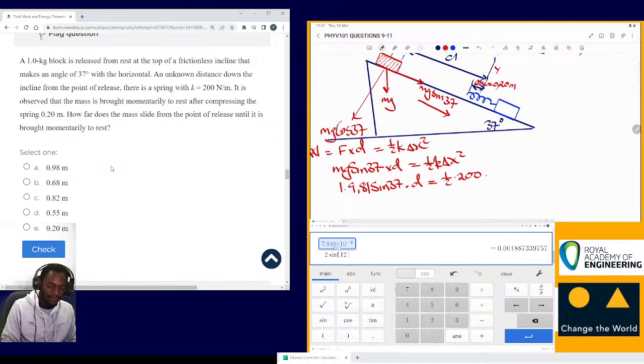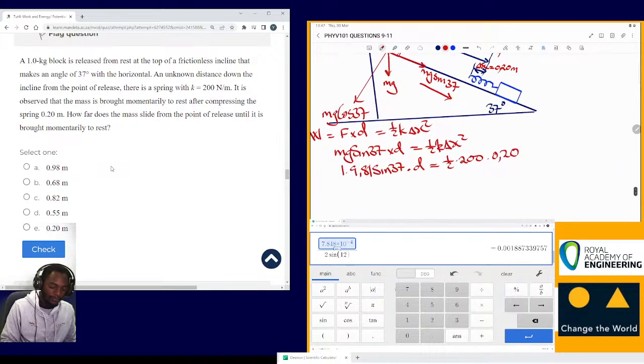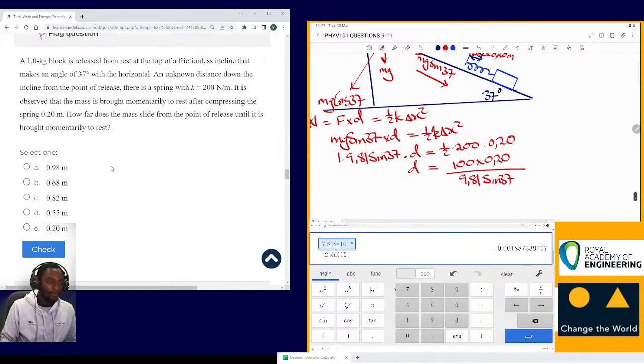We're told it stops after compressing the spring a distance of 0.20. So to get d, d is equal to half of 200, which is 100, times 0.20 over 9.81 sine 37. So we can punch this in.